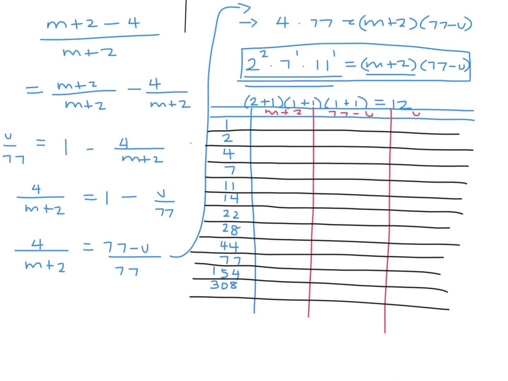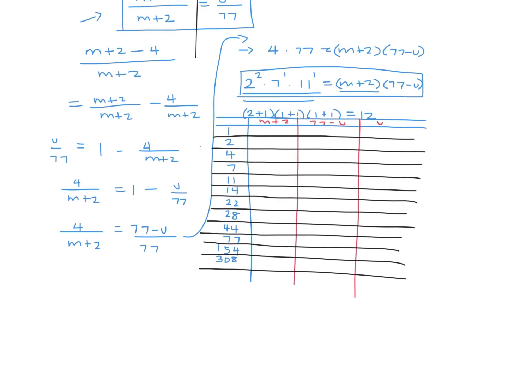So that means, since the parameter is m has to be greater than or equal to 3, some of these are immediately going to be eliminated. So if m plus 2 is 1, that means that's not going to work, because that means m would be 2, here m would be 0, and here m would be, what, negative 1, I think?